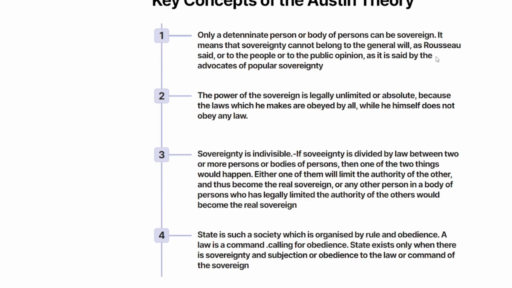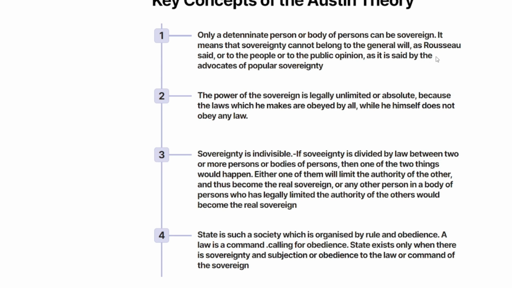Key concepts of Austin's theory. Only a sovereign person or a group of persons can have ultimate authority. Not a lot of people can be sovereign. As Rousseau describes, sovereignty cannot belong to the general will.